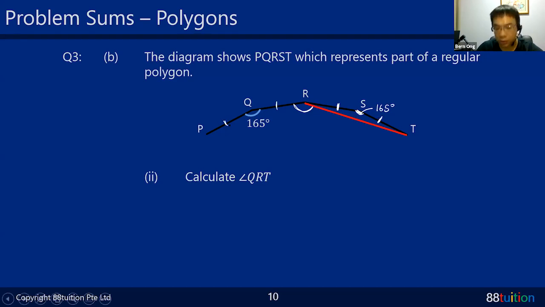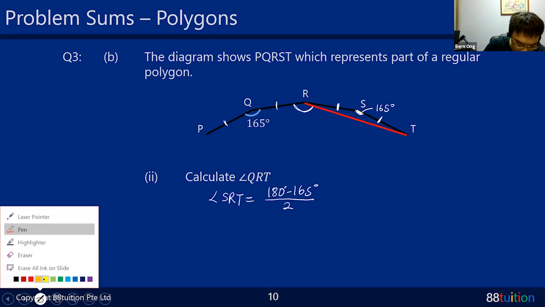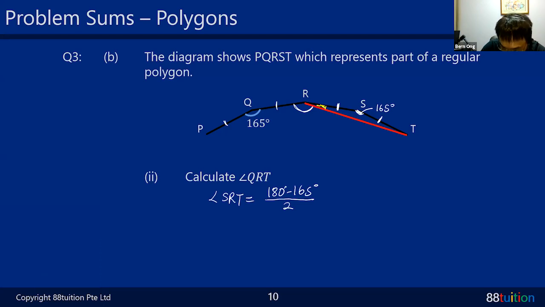Isosceles triangle, what do you do? You must say angle SRT is equal to 180 degrees minus 165, divided by 2. How come? Because the base angles, this yellow angle here and this yellow angle here, are the same.